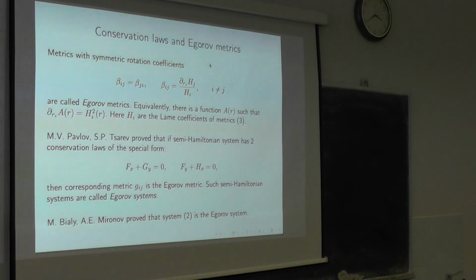Namely, Pavlov and Tsarev proved the following theorem: if the semi-Hamiltonian system has two conservation laws of special form, then the corresponding matrix is an Egorov matrix.